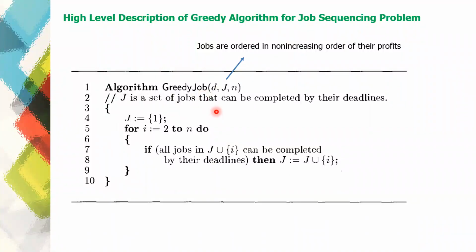It takes 3 parameters, D, J, and N, where D is the set of deadlines, J is the set of jobs, and N is the total number of jobs. And the set of jobs J must be ordered in non-increasing order of their profits.